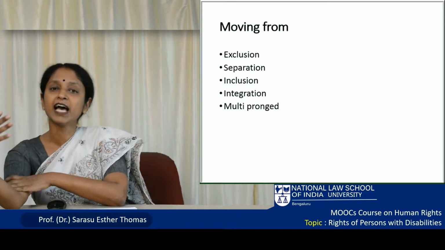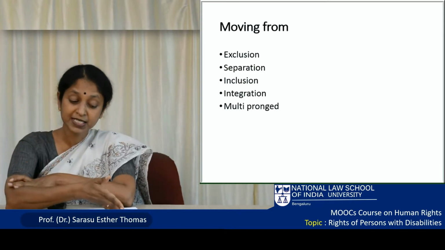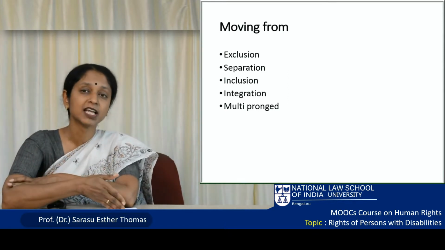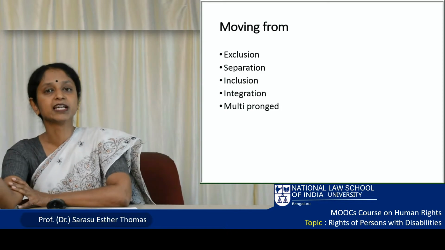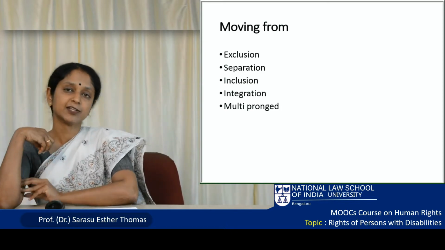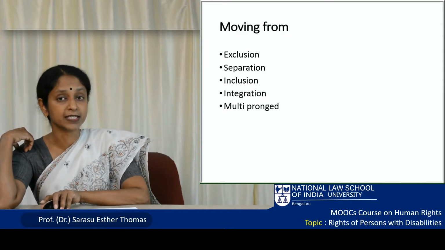Finally, we look at a multi-pronged approach, to say that we must not just have inclusion and integration, but where needed, you need to take affirmative action. You need to have special measures to deal with issues that arise from disability.